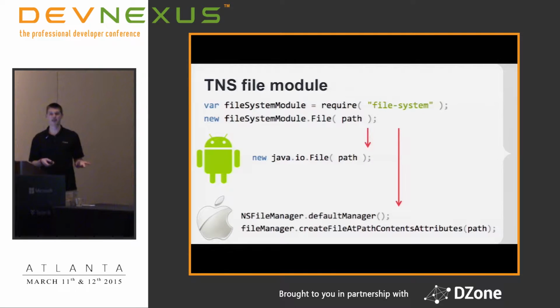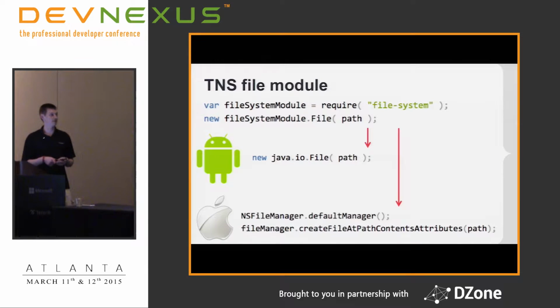And just to give you an example, I think showing actual code is a lot easier here. So let's say you need to allocate a file as part of your mobile app. It's a pretty common thing to need to do. What you could do, based off the NativeScript runtime stuff that we talked about earlier, is you could write the code that shows up on the bottom half of the screen. For Android, you could say, well, with the NativeScript runtime, I instantiate a file with new java.io.File, and NativeScript will go ahead and instantiate a file for you.